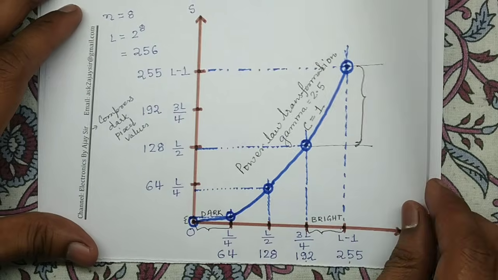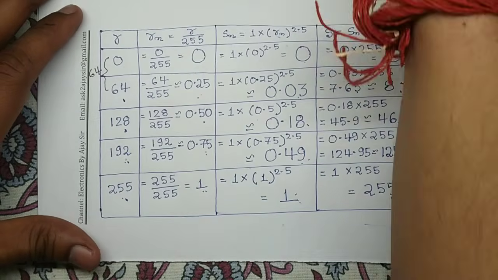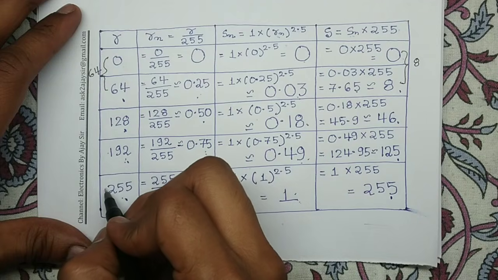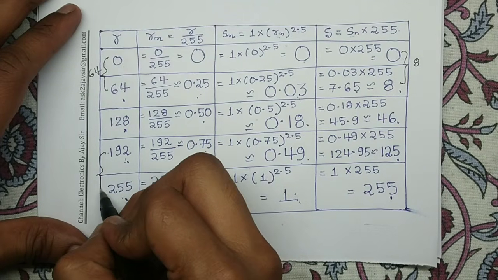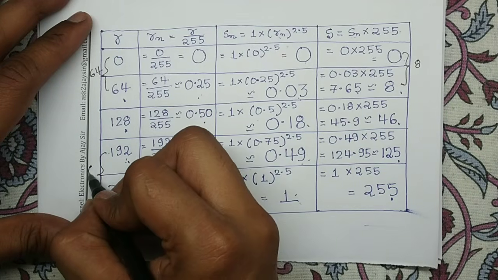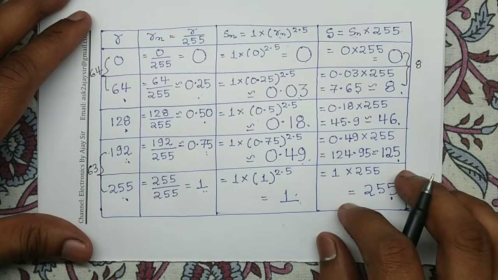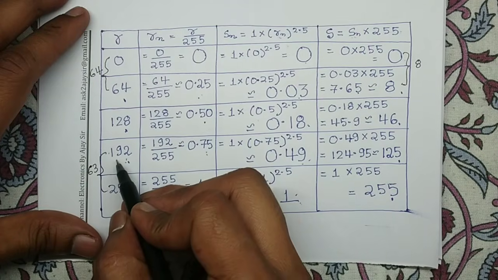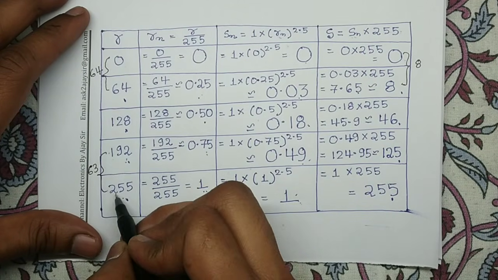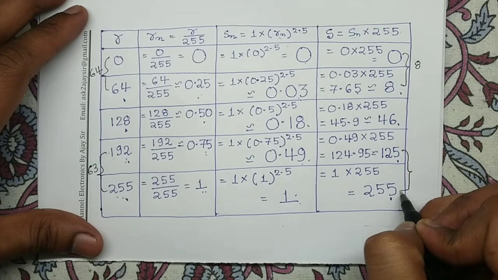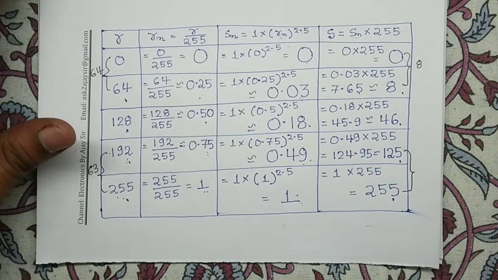In the table also, you can see in the bright side when r varies from 192 to 255, the difference is 63. And look at the output intensity value s: when r varies from 192 to 255, s varies from 125 to 255.